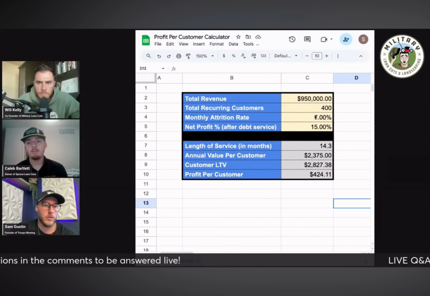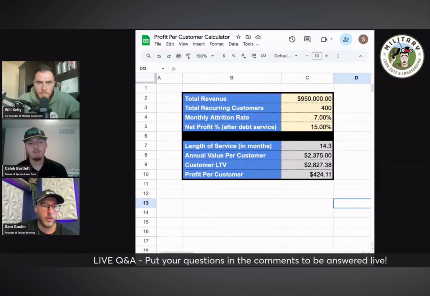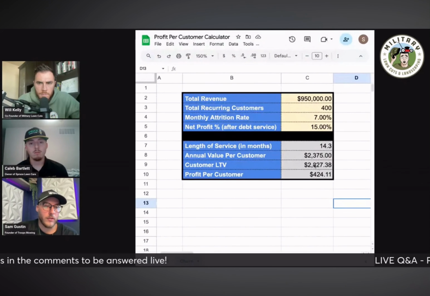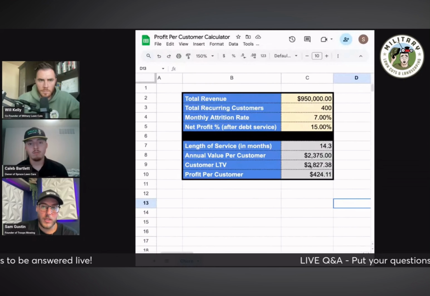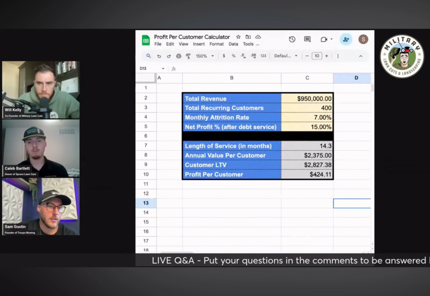That's going to get you the total months that a customer stays with you. And then you want to multiply that by how much a customer brings in per year, your annual value per customer. Divide that by 12, multiply that by how many months they stay with you. And that's the customer lifetime value. And so you want this number to be high so that this number can be high, if that makes sense.